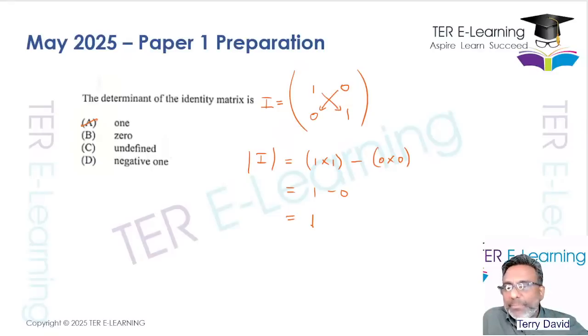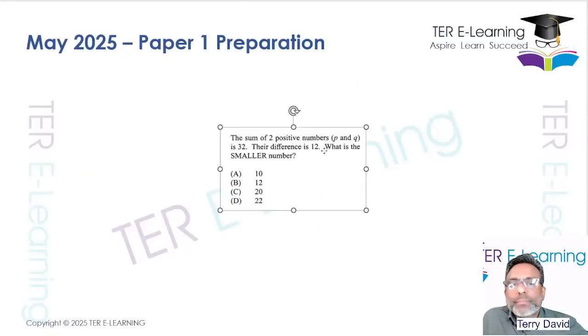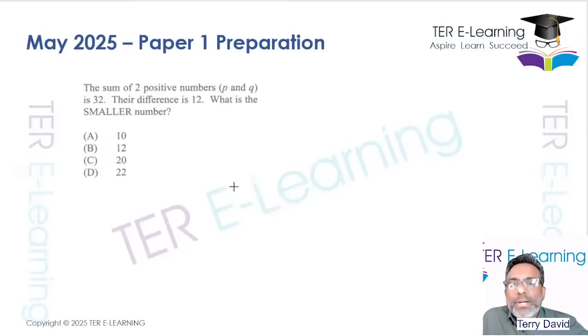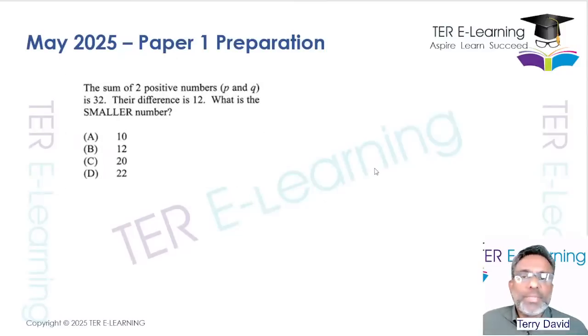Right, our next question here. The sum of two positive numbers P and Q is 32 and the difference is 12. What is the smaller number?